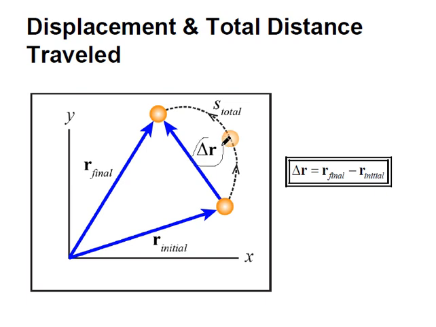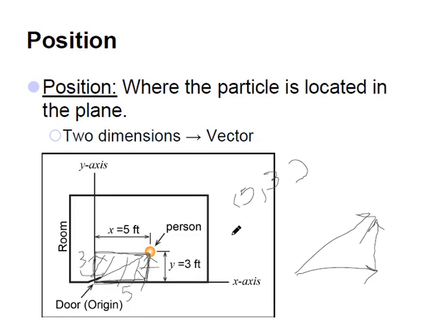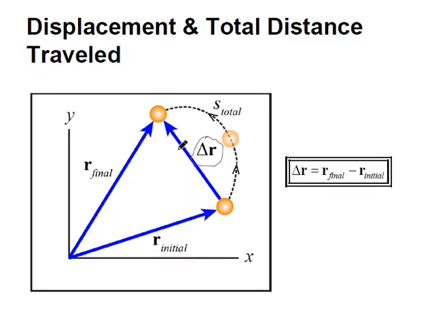Displacement is always identified by delta, this little triangle, the change in position. I started here, I ended here, my change in position is delta r. And don't forget, there is a defined initial position r here and a defined final position there.